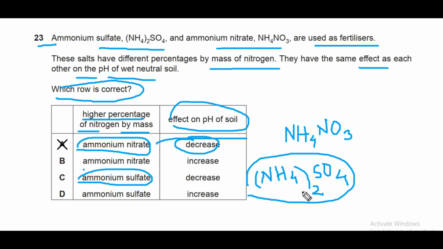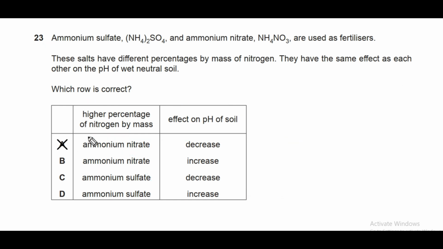If you divide by a larger value, the percentage of nitrogen will be less, but the question is asking for higher percentage. That's why this answer is ammonium nitrate. The relative molecular mass of ammonium nitrate is less, so if you divide by the smaller number, the nitrogen percentage will be more. That's why the answer is A.